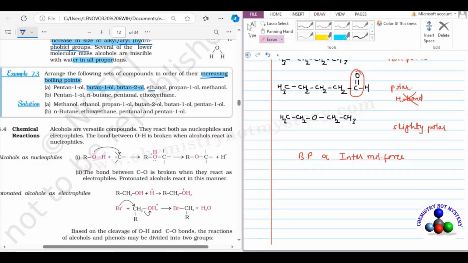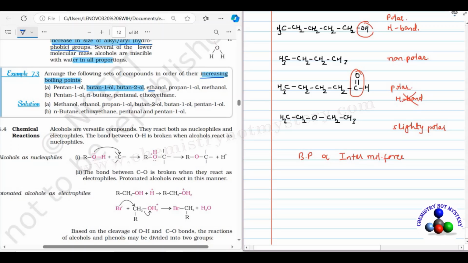So when you arrange them in increasing order, butane will have the lowest boiling point. Then after butane there will be ethoxyethane, then pentanal, and at the fourth position you have to assign pentane-1-ol. It has the highest boiling point. So here the answer is: n-butane, then ethoxyethane, then pentanal, and pentane-1-ol will have the highest boiling point.